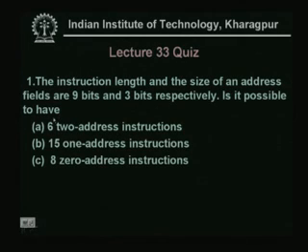Is it possible to have 6 2-address instructions, 15 1-address instructions, and 8 0-address instructions? So, the instruction length and address bits are given, then can we construct the instructions such that they can specify this type of instruction set? So, this is the quiz question of lecture 33.